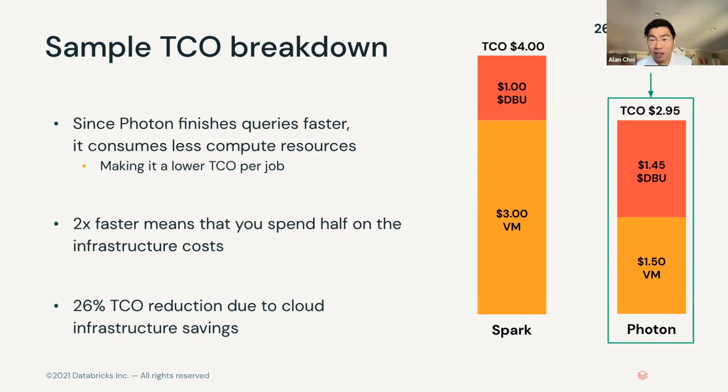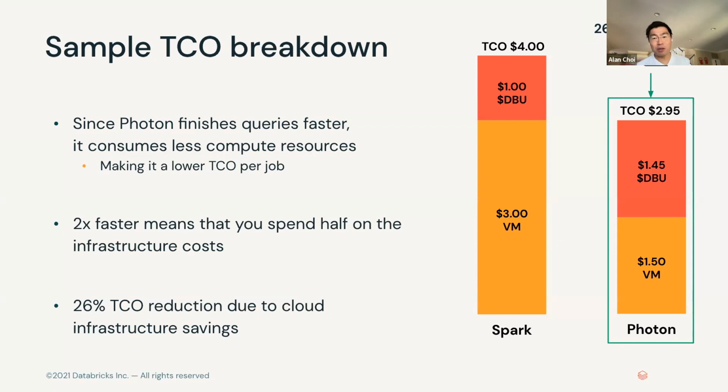Now, the more interesting thing is that you might say, oh, it is 3 times more expensive, so does it mean that my job has to run 3 times faster in order to save me money or break even? No. Yes, the sticker price is 3 times higher, but even though we're only 2 times faster, you're already saving 26%. So you don't even need to be 2 times as fast in order to break even when you use Photon.